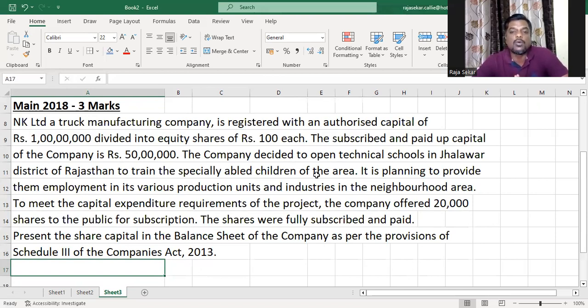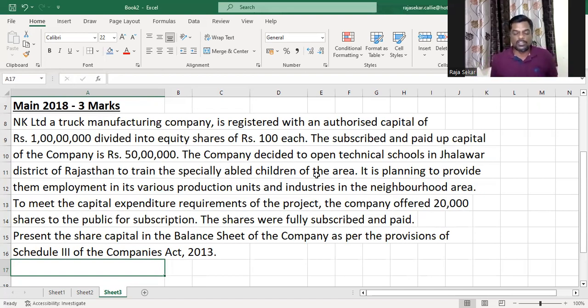The company decided to open technical schools in Jalaghar district of Rajasthan to train the specially able children of the area. It is planning to provide them employment in its various production units and industries in the neighborhood area. To meet the capital expenditure requirements of the project, the company offered 20,000 shares to the public for subscription. The shares are fully subscribed and paid. Present the share capital in the balance sheet as per the provisions of Schedule 3 of the Companies Act.